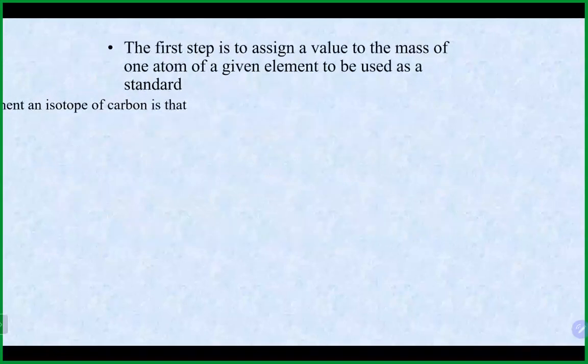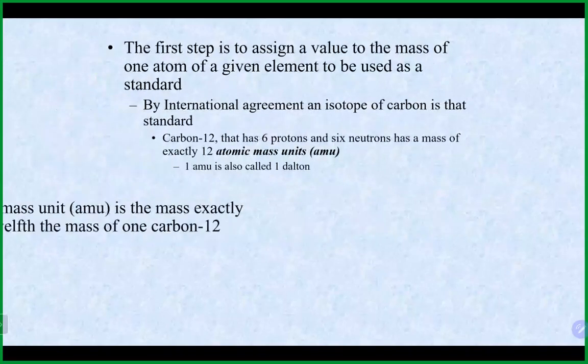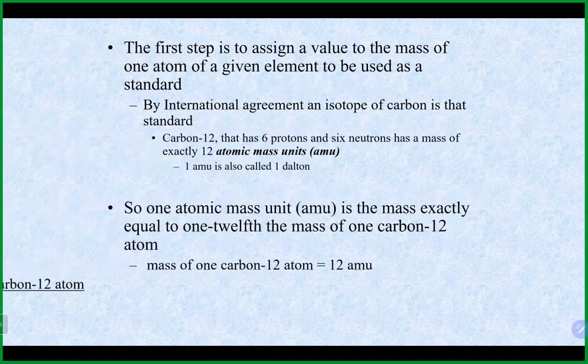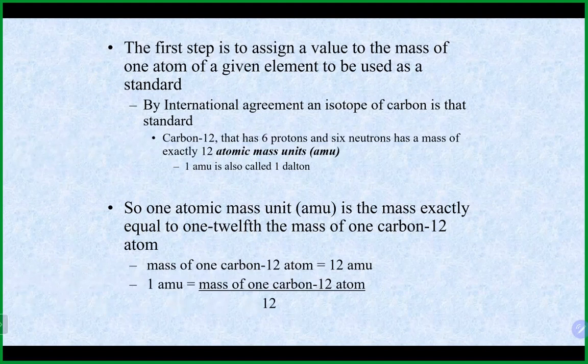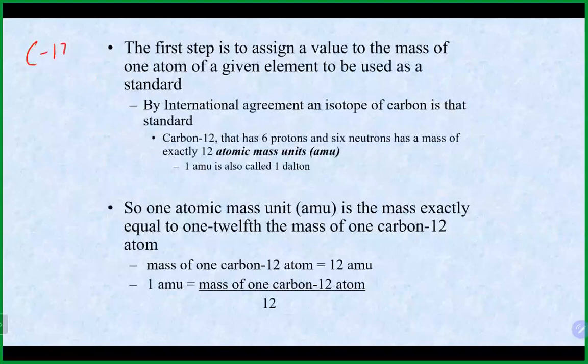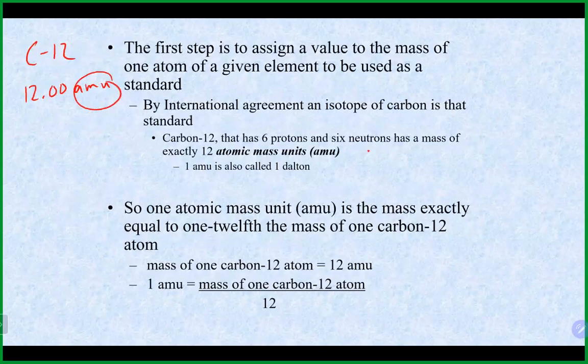A lot of times in chemistry, when we can't really measure something directly, what they will do is pick something to use as a standard. What they picked for atomic masses was an isotope of carbon, the carbon-12 isotope. And the carbon-12 isotope has a mass of exactly 12 AMU. AMU is an atomic mass unit.